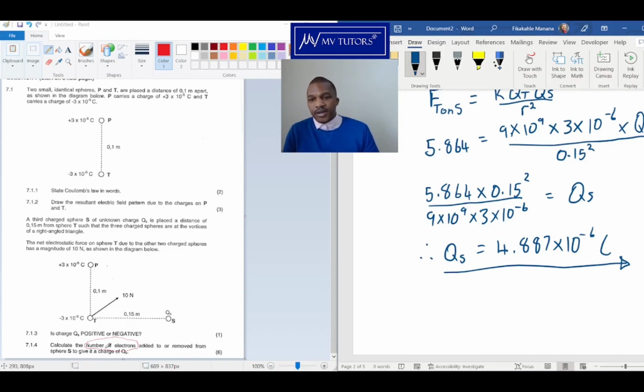But remember, they wanted the number of electrons, so we're not done. The number of electrons then will be QS over e. Okay, remember e is a constant for a single electron. So 4.887 times 10 to the power minus 6 divided by e, which is given, if you check your formula sheet, as 1.6 times 10 to the power minus 19.